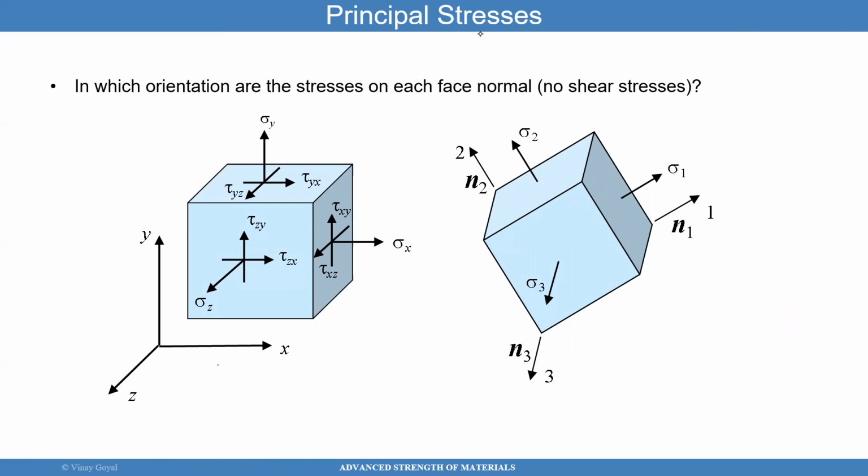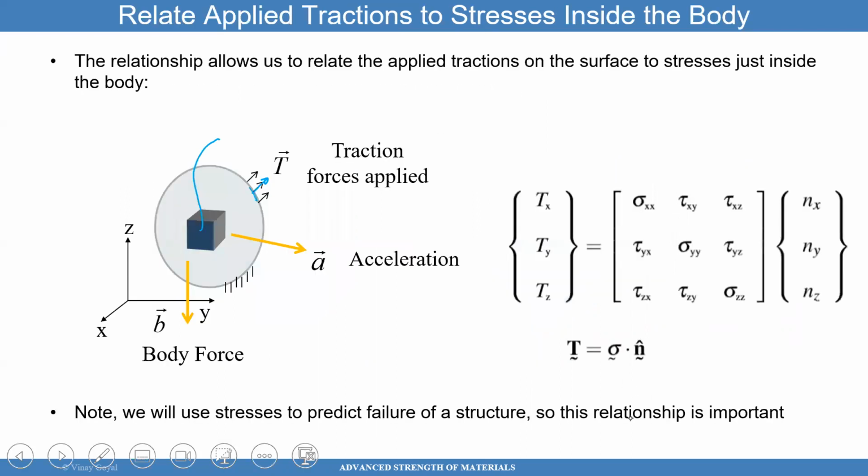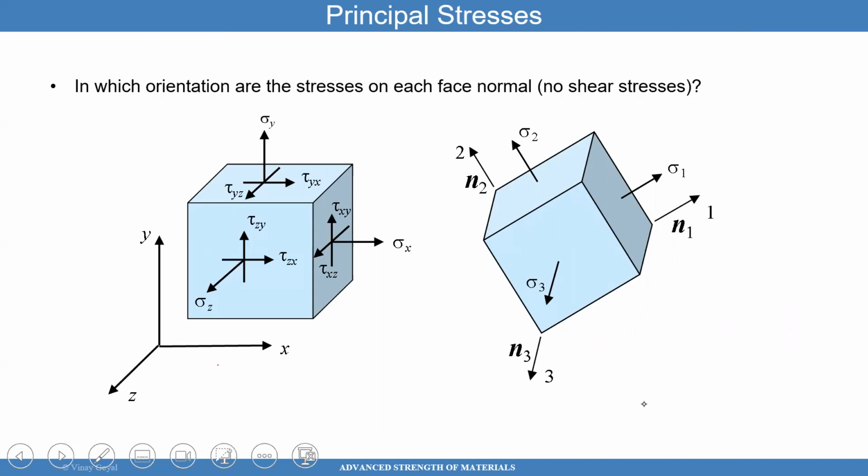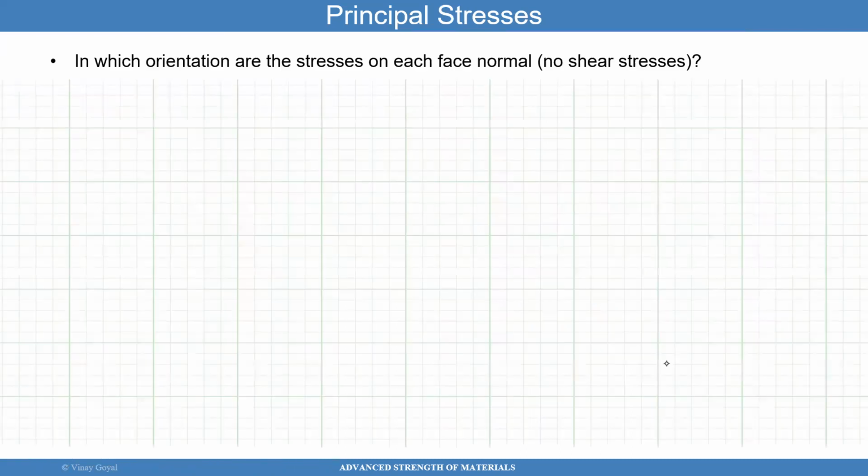There's a slanted surface that could be constructed such that the only stresses that exist are normal stresses. There's no shear stresses in them. To answer that question, there are ways we can look at that problem. We can actually look at that with the idea that we discussed.